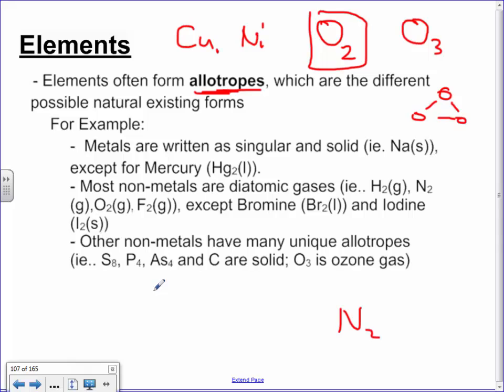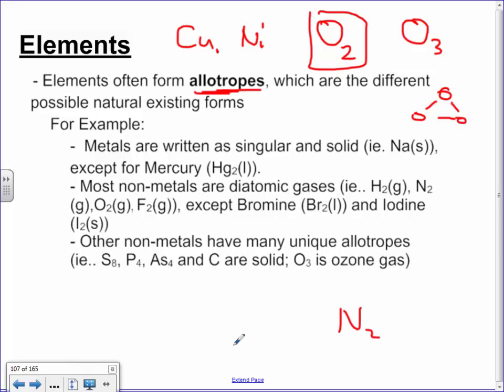I want to try a little task here just to make sure you guys are clear on things. Let's say I asked you about the element tin. Does it need a buddy? Does anyone know what tin's formula is? See if you can find tin on your periodic table.